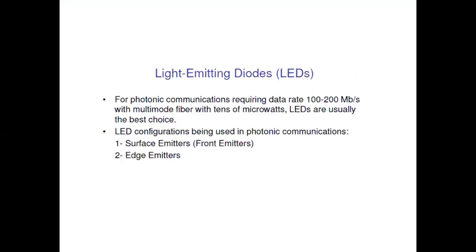For photonic communication requiring data rates of 100 to 200 MB per second with multimode fibers, LEDs are usually the best choice. The LED configurations are being used for photonic communications also. Now we also need to think about the design aspect of these LEDs, which could be a surface emitter or edge emitter.